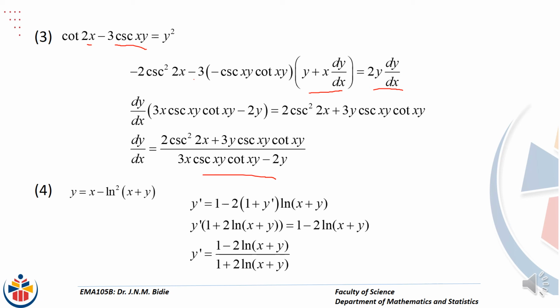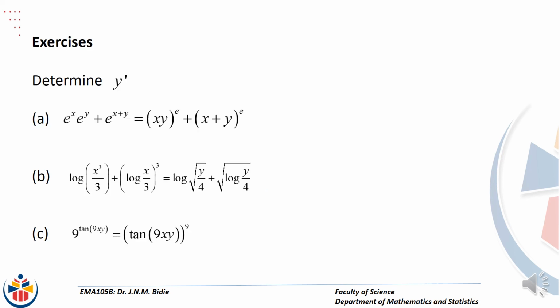Then you make y prime the subject. Please check whether everything works out. Here are some exercises that you can work with, and look for any other exercises where implicit differentiation is applicable.